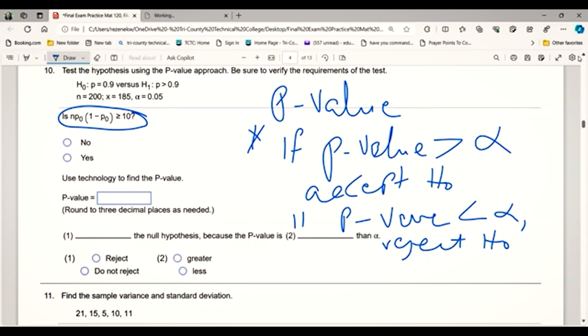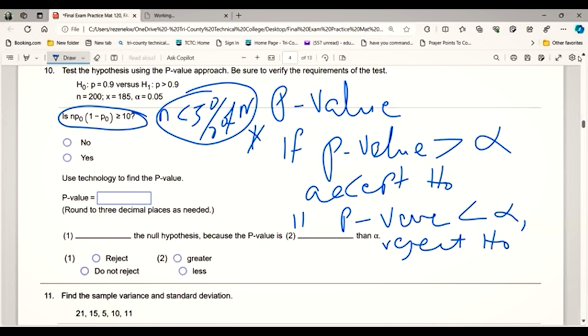Are the conditions satisfied? I already know that condition number 1 is satisfied because 200 is less than 5% of the population of America. Now condition number 2, is the variance greater than 10?